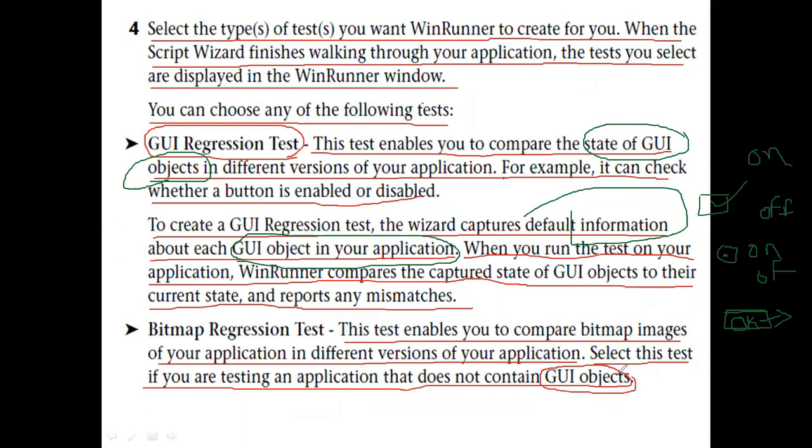If your application does not have any graphical user interface objects, then you are going to select this test. Bitmap is nothing but you are going to compare two pictures. In these two pictures, you are going to identify the differences. Here, this is the entire picture. There are no GUI objects here.